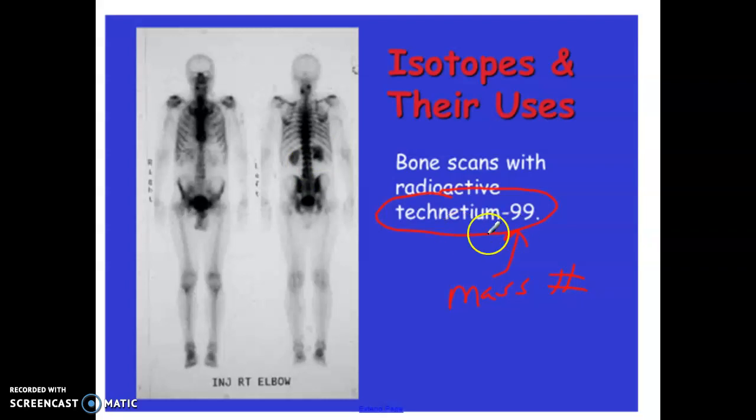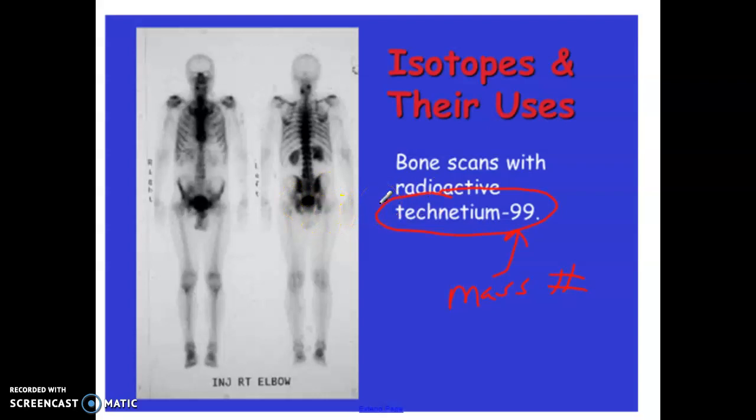The person drinks it, maybe they're given some sort of medicine, like a big container of liquid that they have to drink. They are essentially taking in this radioactive isotope, and this particular isotope is absorbed by the person's bones.